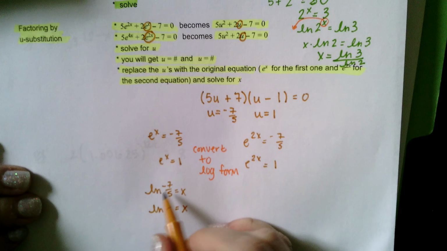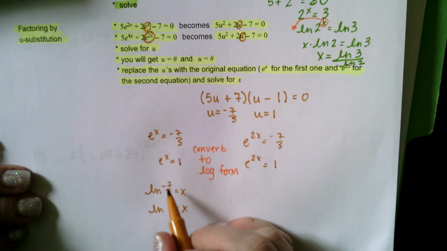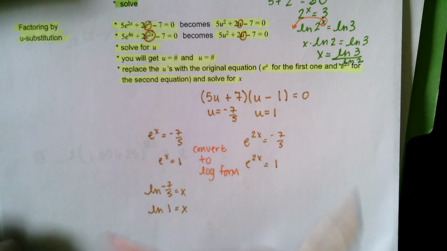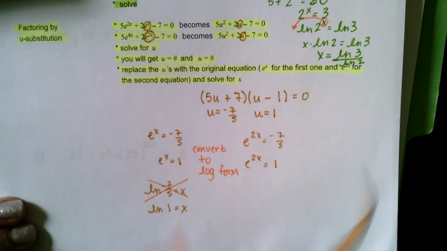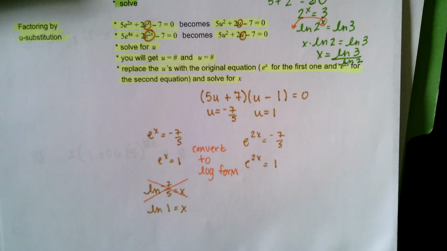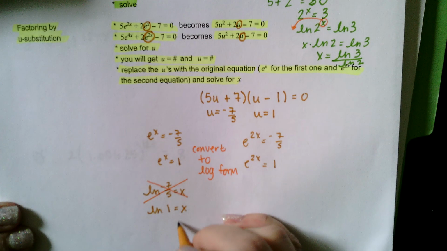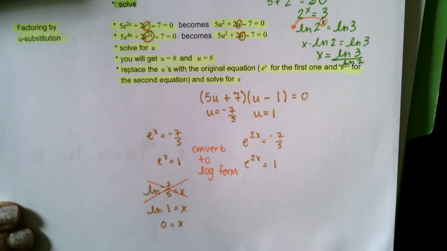Looking at this, I cannot have negative 7/5 in the argument of my log. So this one would not be a solution because negative 7/5 is not in the domain of natural log. And natural log of 1 is 0, so that gives me x equals 0.